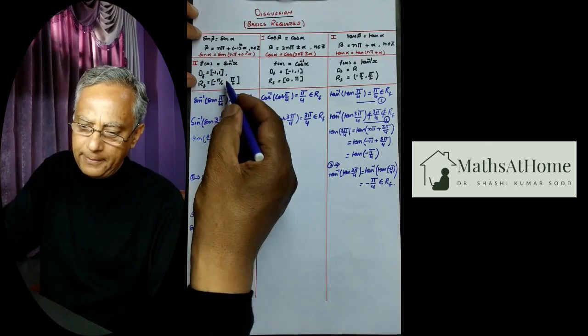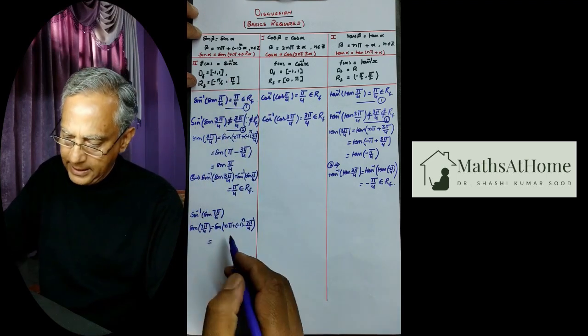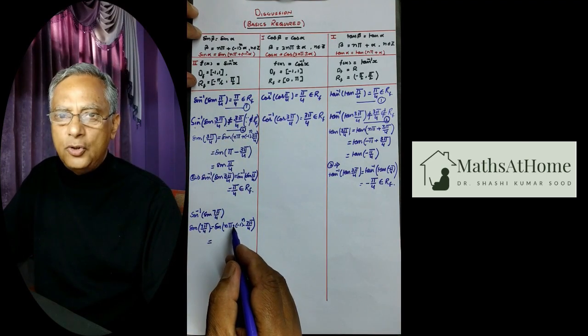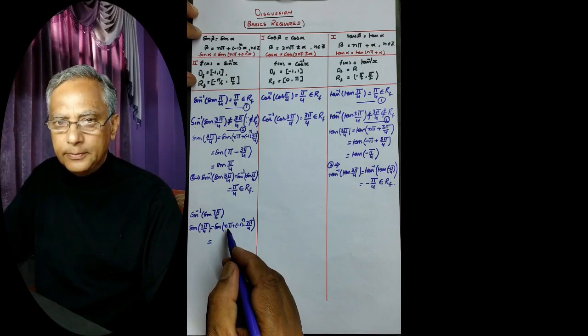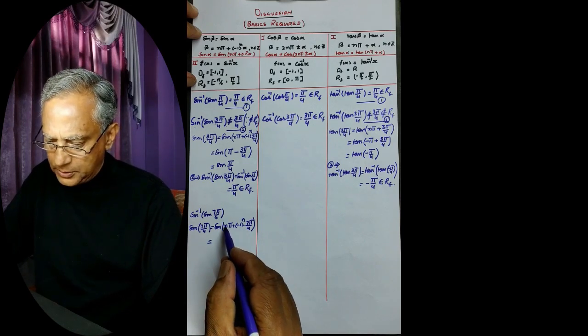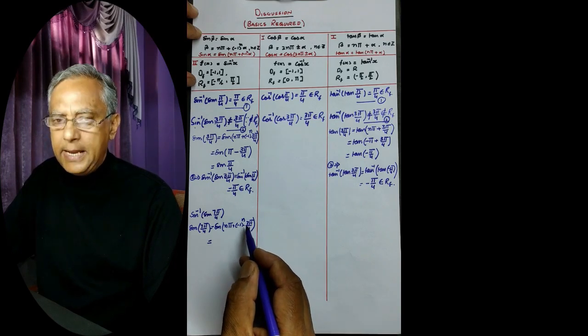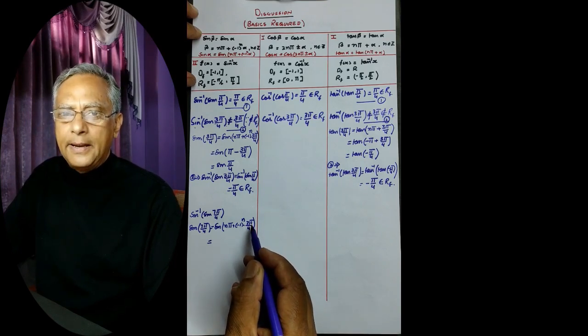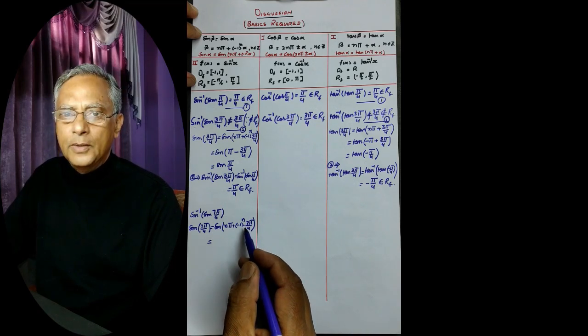But minus 3 pi by 4 is not within the range of the function. So n equal to 1 is not the correct value. Now take n equal to 2. This will be 2 pi plus 7 pi by 4, which is again not within the range.